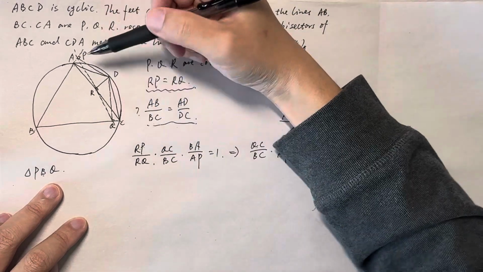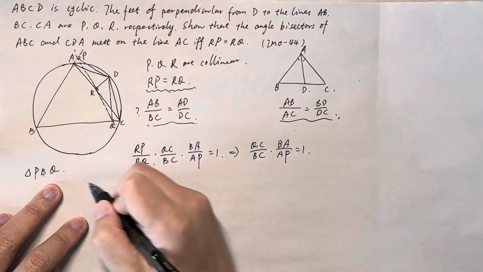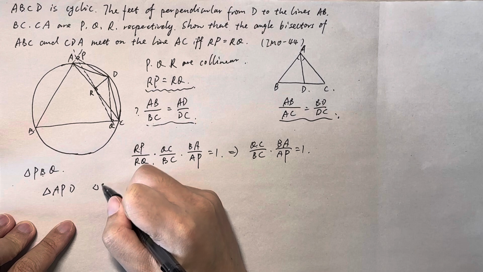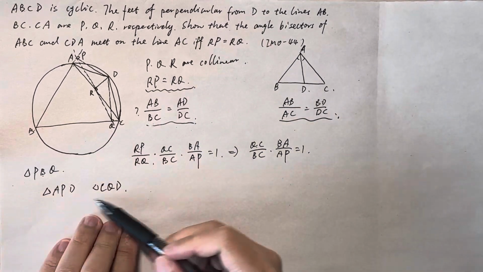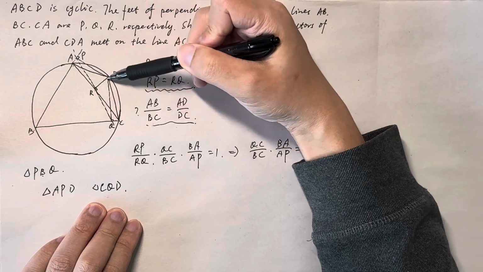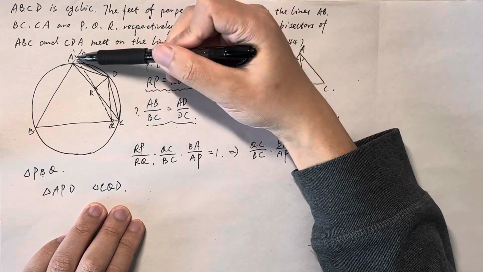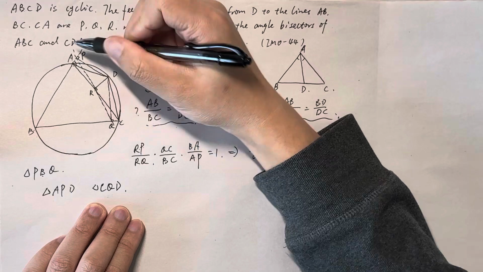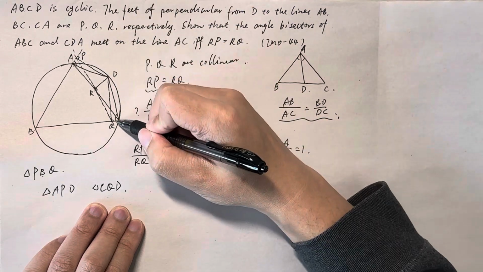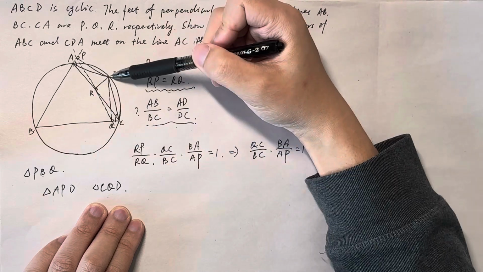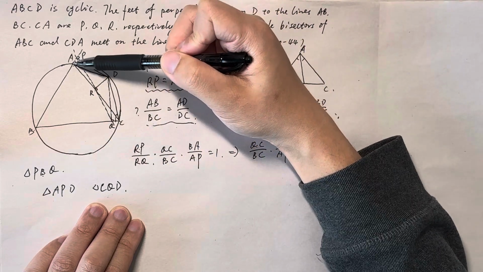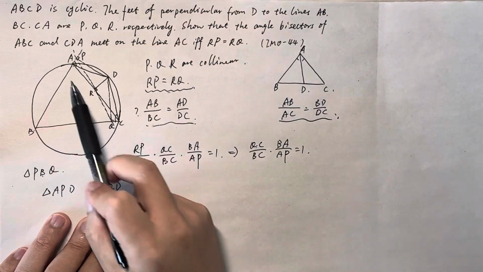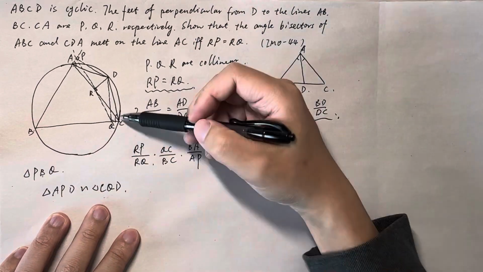And because in triangle APD and triangle CQD, they are both right triangles, and angle DAP equals angle QCD, because ABCD is a cyclic quadrilateral, so angle PAD equals angle DCQ, which means triangle APD is similar to triangle CQD.